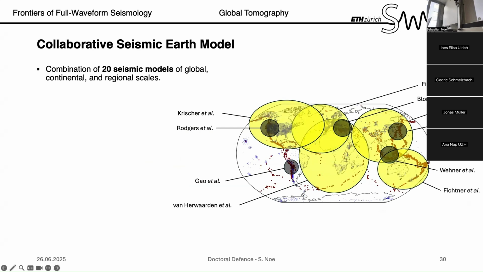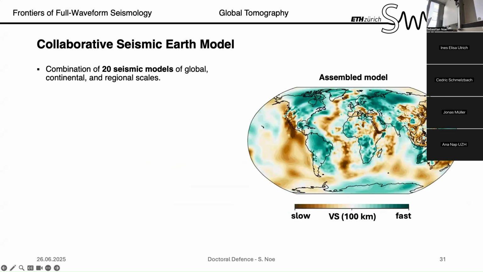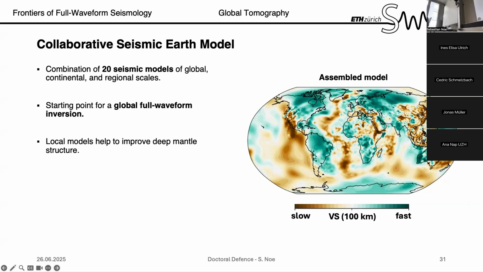So you can take these tomographic models, assemble them into one framework, but then you have the problem that you don't necessarily fit waveforms yet. So what you need to do is to perform a global full waveform inversion, starting from this model, where the idea is also, because we already have some information near the stations, that the deep mantle structure will be easier to resolve.